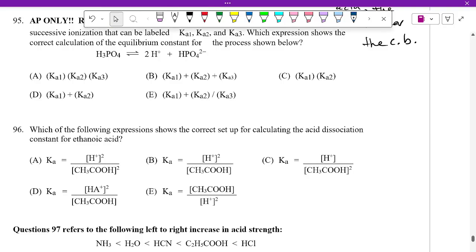Which of the following expressions shows the correct setup for calculating the acid dissociation for ethanoic acid? So ethanoic acid is CH3COOH in equilibrium with CH3COO minus and H plus.